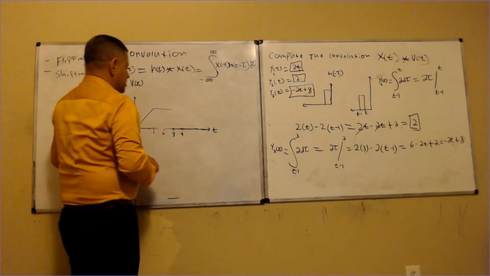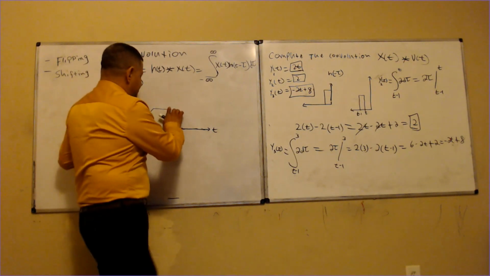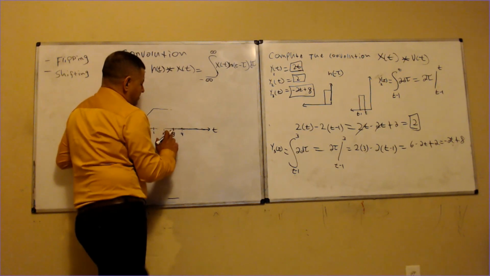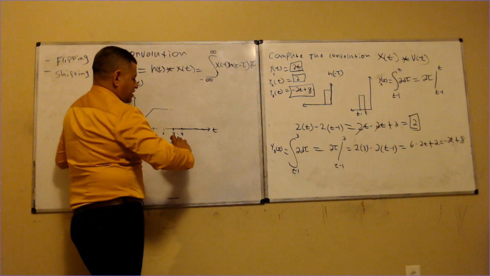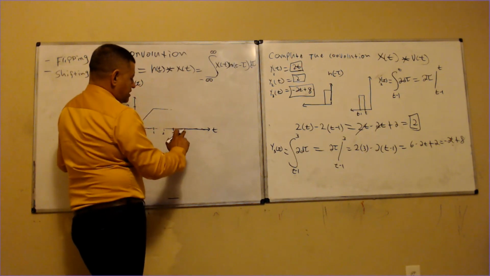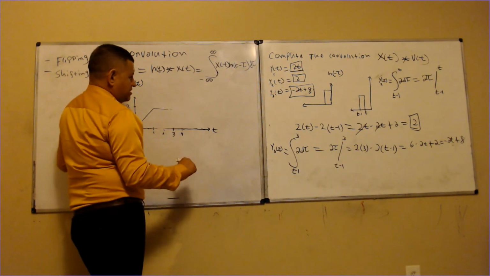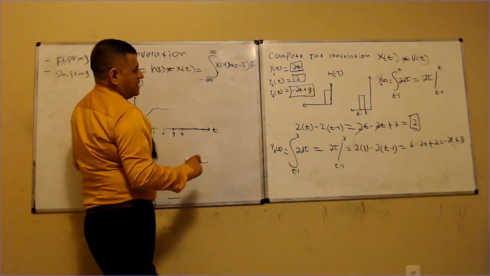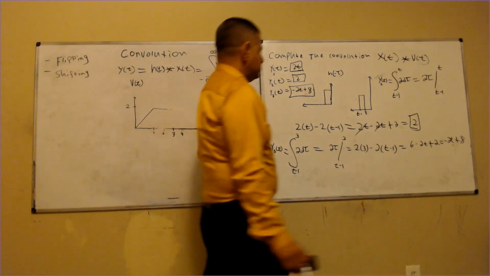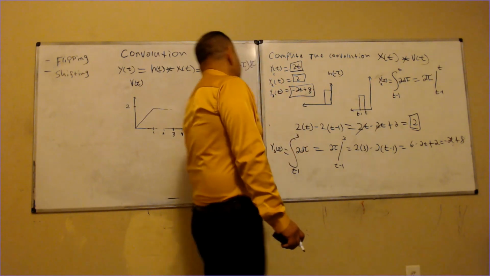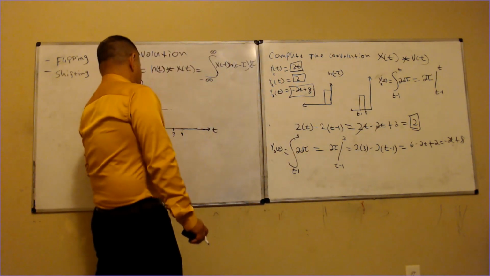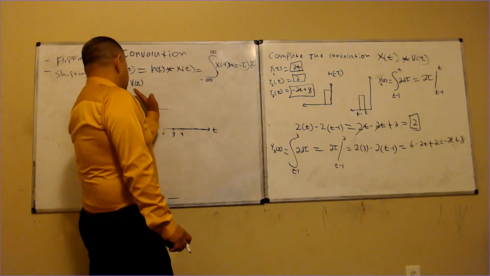And then this function will start decaying, right? But the thing is, at what point is that decaying? Well, the y-intercept, in this case, technically, it's going like this, right?